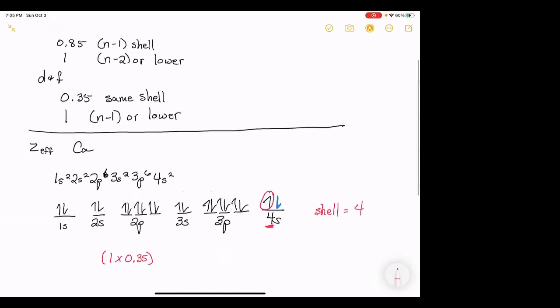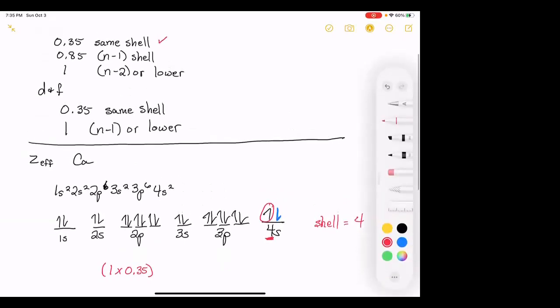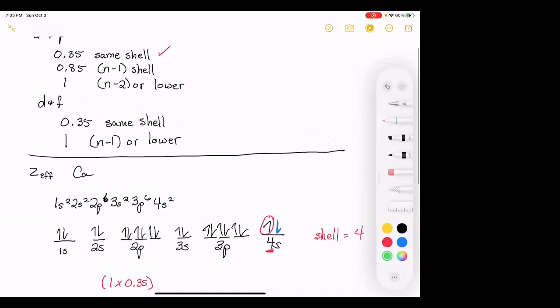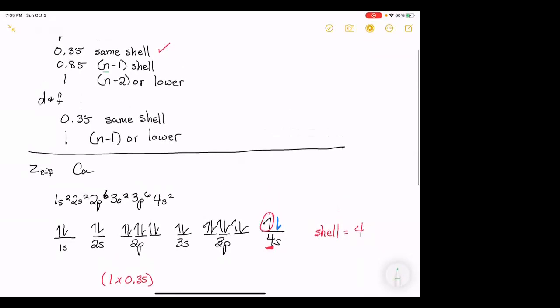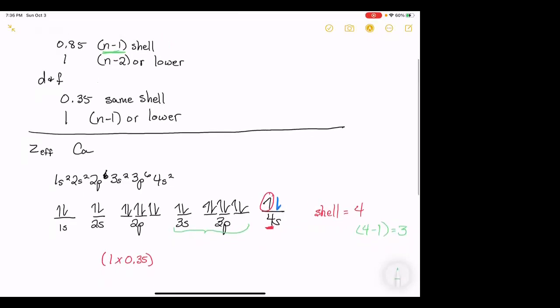The next thing we're looking at is the n minus 1. Well, if it's n minus 1, that would be 4 minus 1 is equal to the 3. So anything in the 3s would get the 0.85. So there's 8 electrons in the 3.